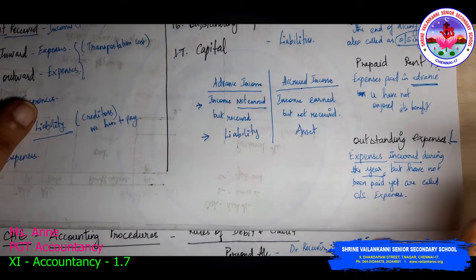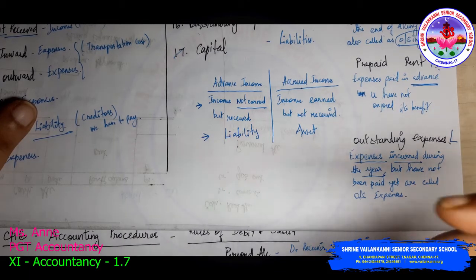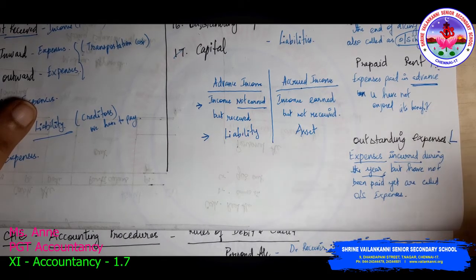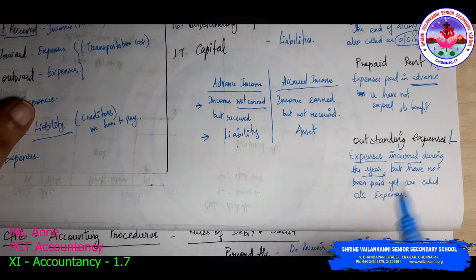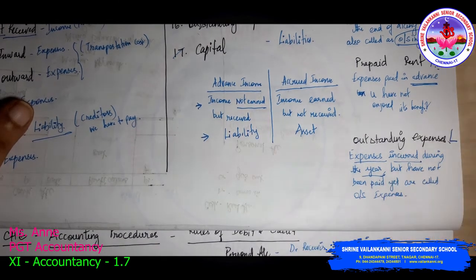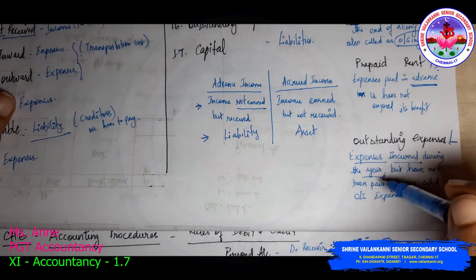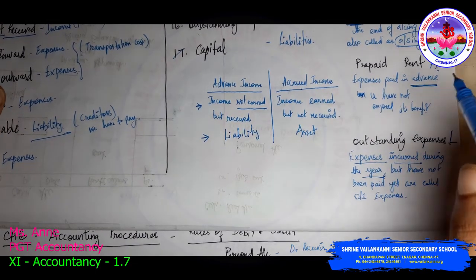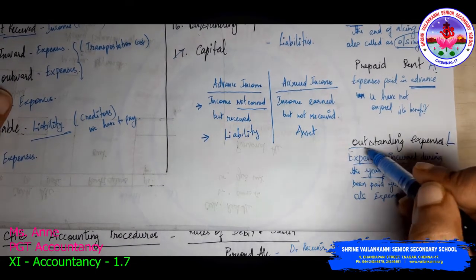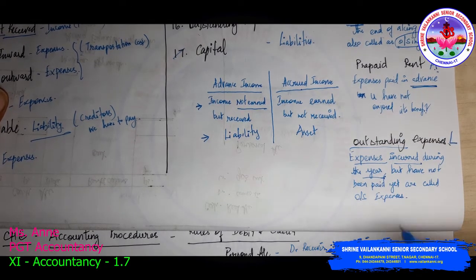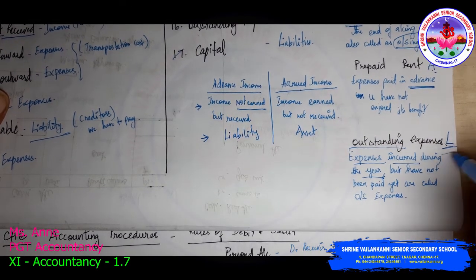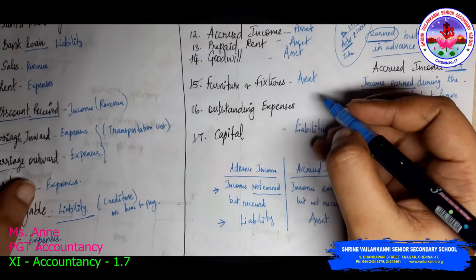Up to a point of time you can delay, but you have to pay interest. After a point of time they will cut off the connection. That is different. Till then they will be charging you interest. So you have incurred the expense during the year but didn't pay, so it is called outstanding. Outstanding expenses is a liability, so we are taking this as a liability.